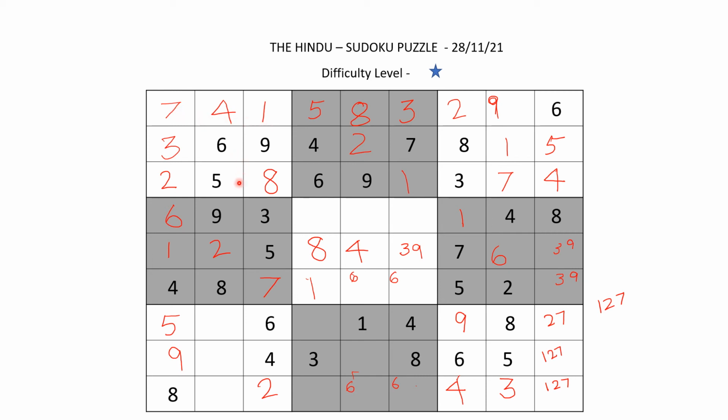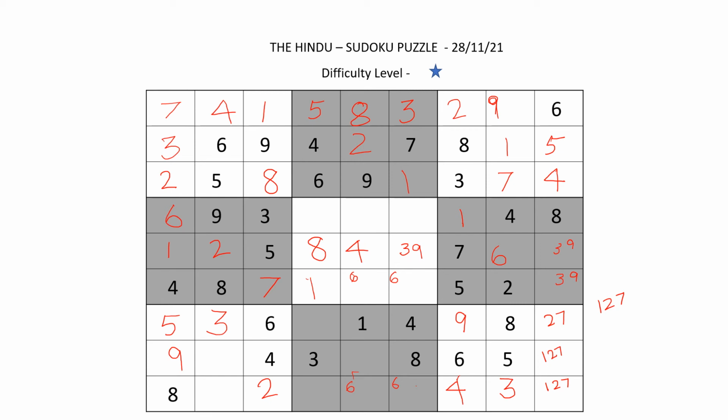So here we have missed out this. We have a 3 blocking here, and we have a 3 blocking this cell. So this empty cell takes a 3. Now the two missing numbers here are, quickly, 1 and 7. Okay, so let's mark it.